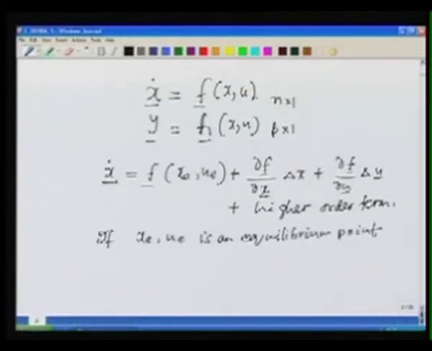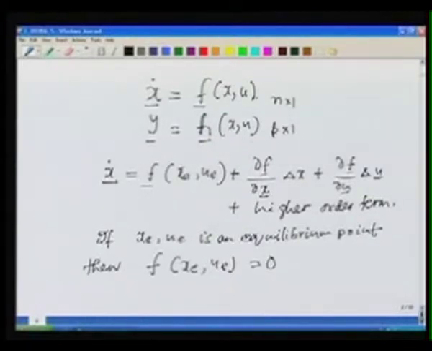And if x e is an equilibrium point, then f of x e, u e is 0.